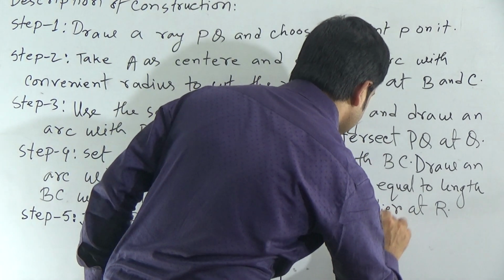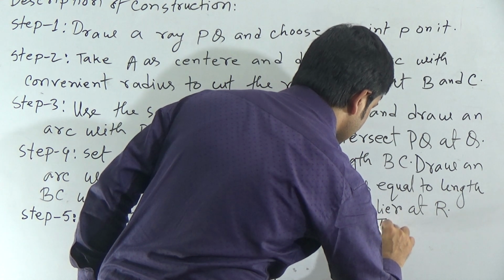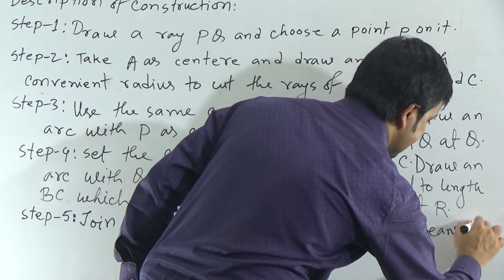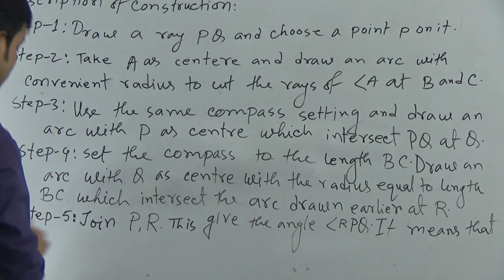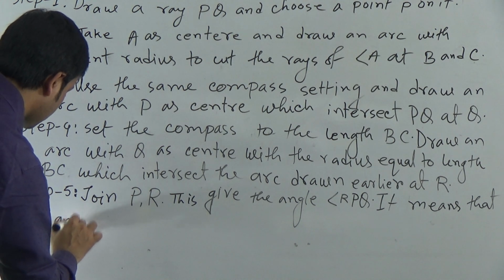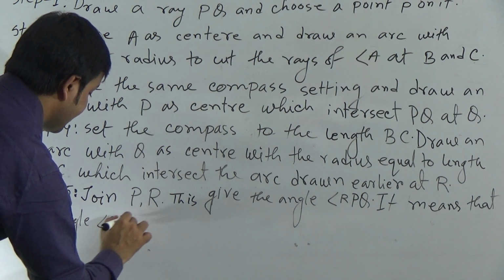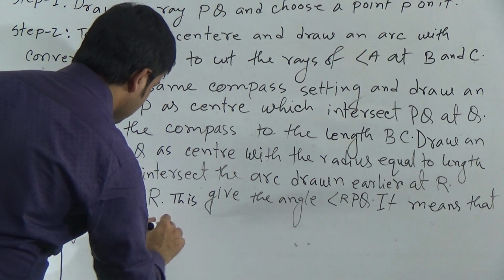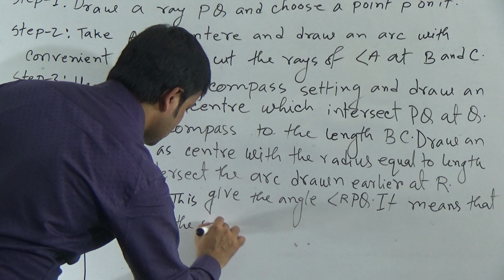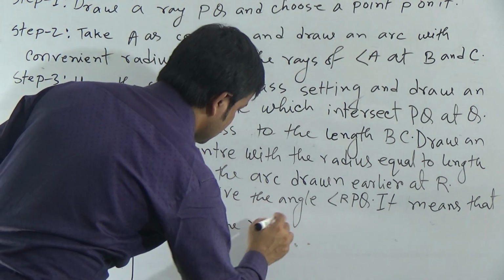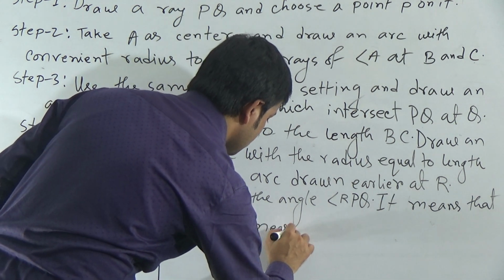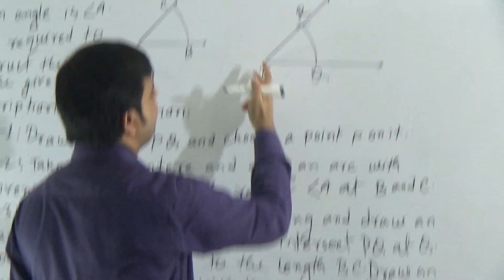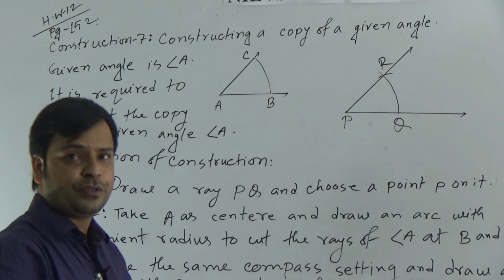This means that the angle RPQ has the same measure as angle A. It means that the angle RPQ is the required copy of the given angle.